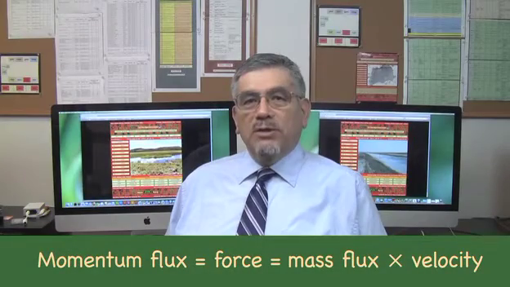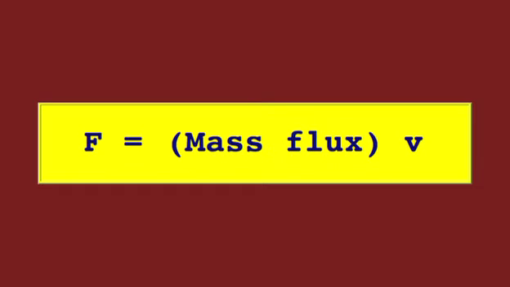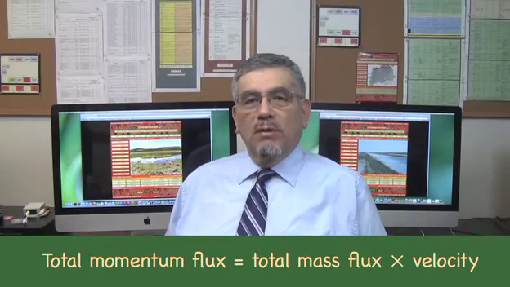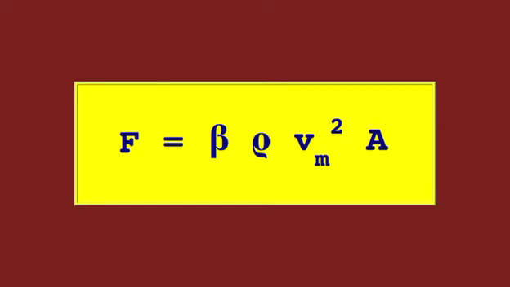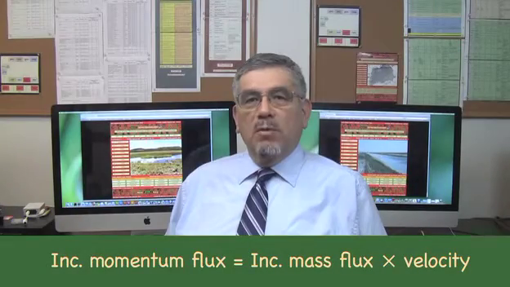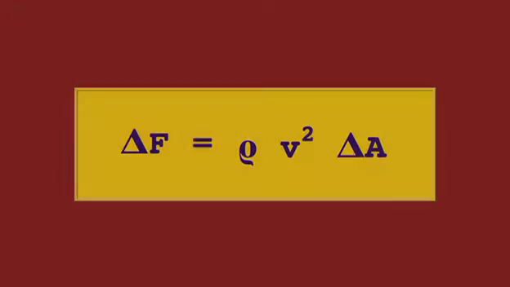The momentum flux or force is equal to the mass flux times the velocity. The total momentum flux is equal to the total mass flux times the velocity. The incremental momentum flux, or incremental force, is equal to the incremental mass flux times the velocity.